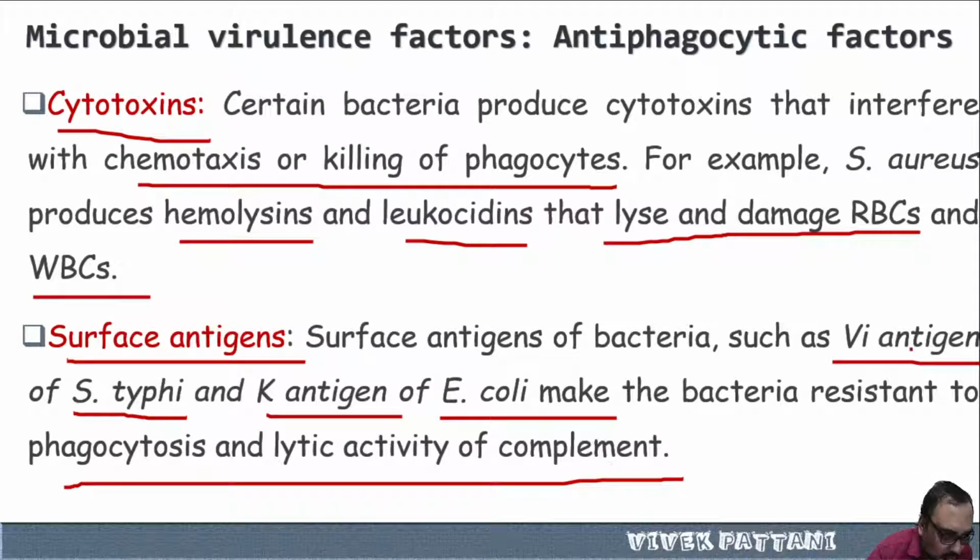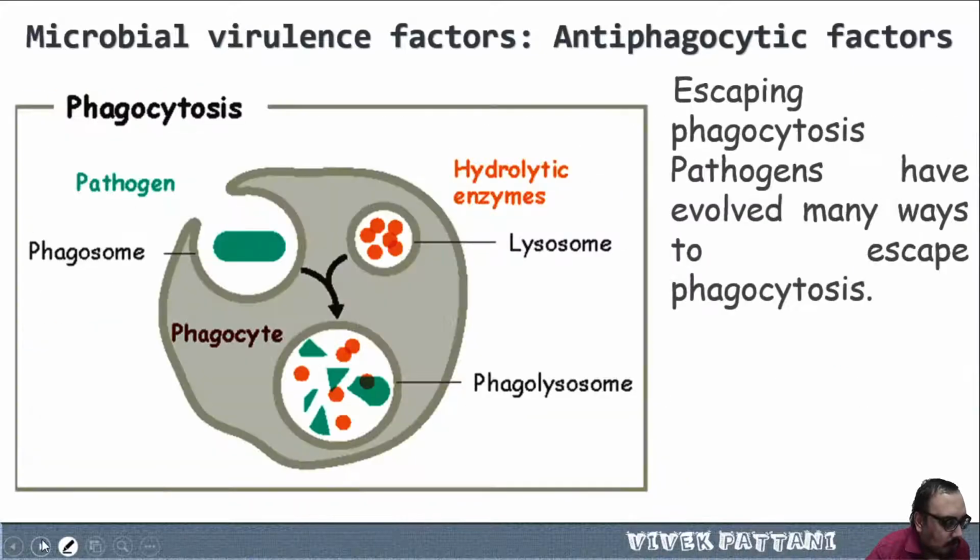So in the case of Salmonella, it is the Vi antigen, and in the case of E. coli, it basically resists phagocytosis and the lytic activity of the complement.